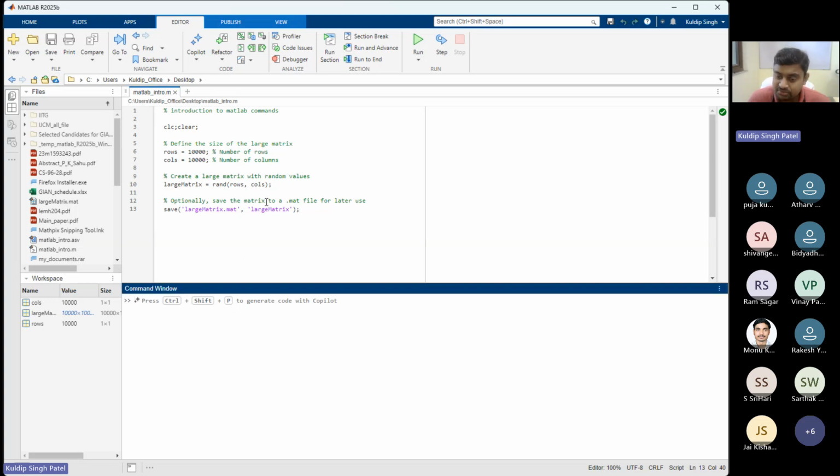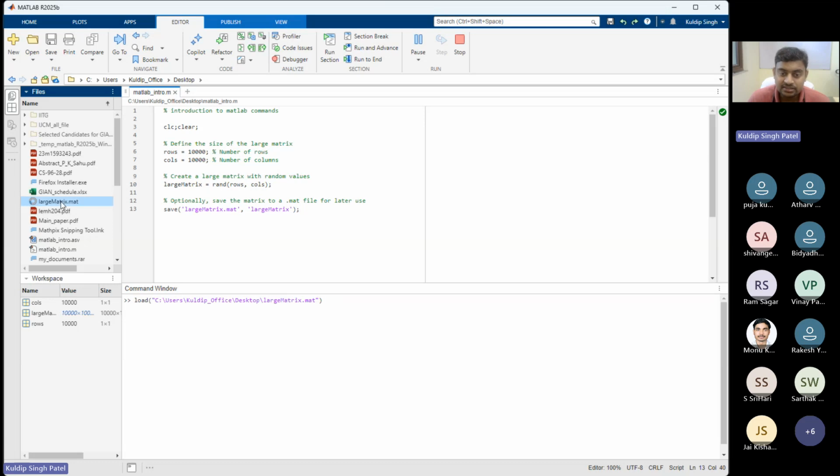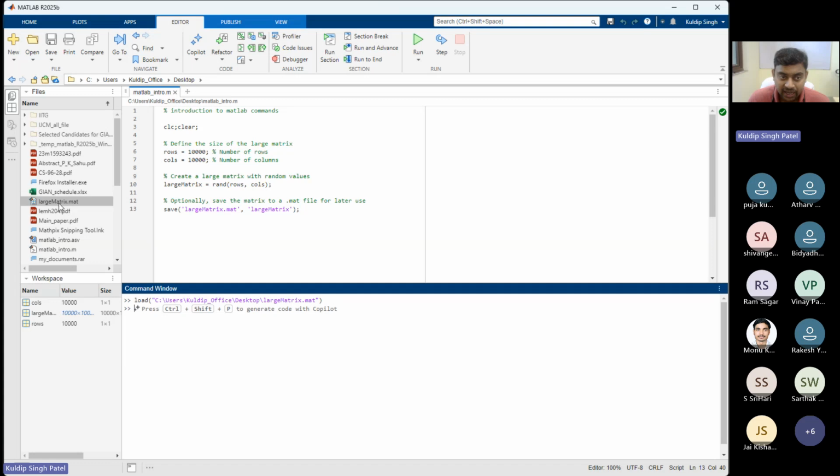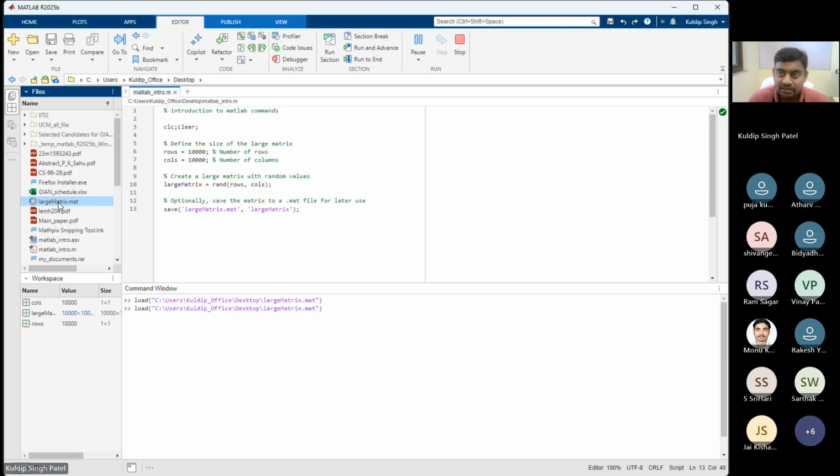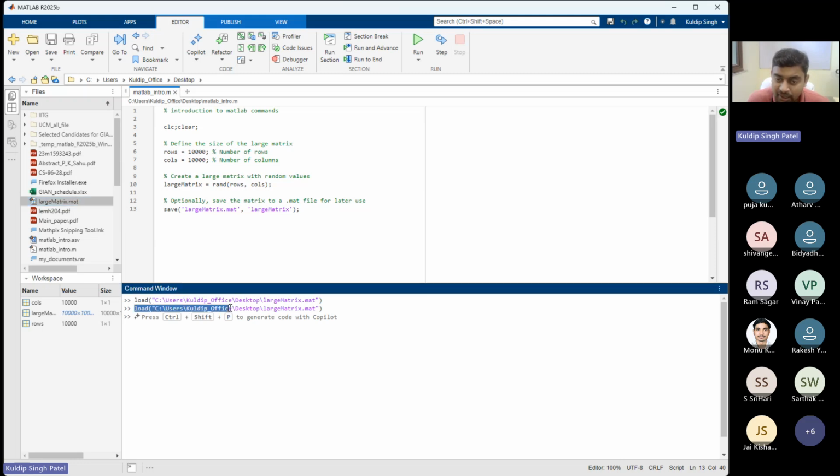So we have saved this matrix, and you see here where it is saved: this is the name, large matrix dot mat. So wherever we need it, we will load it. How do we load it? We simply use this command and load it. That's it.